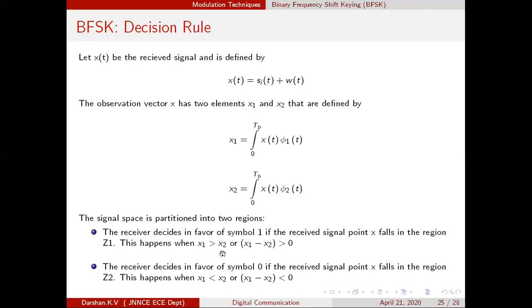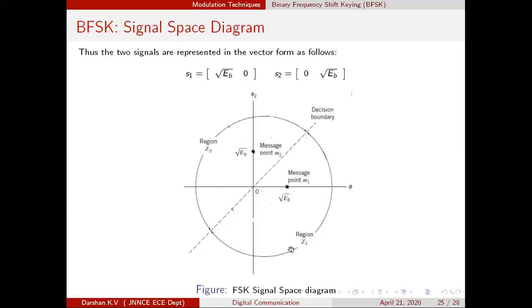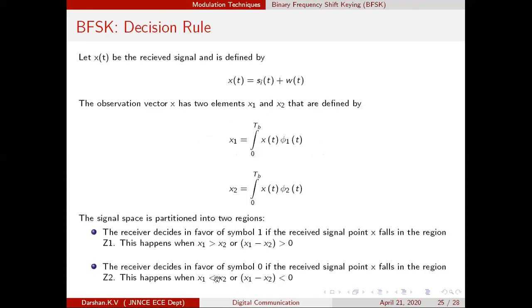In other words, it can be written as x1 minus x2 greater than 0. Another way: if the received signal point lies in the region Z2, then x1 is less than x2, or x1 minus x2 is less than 0.